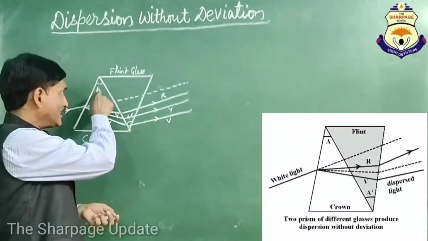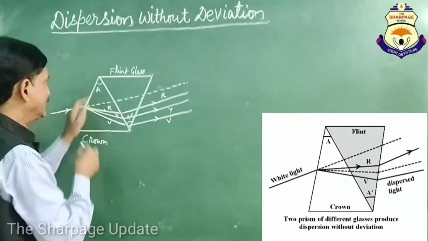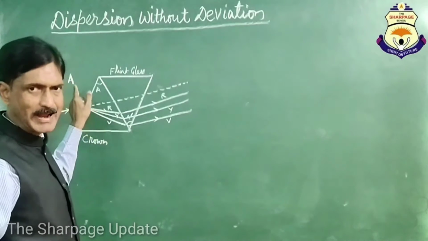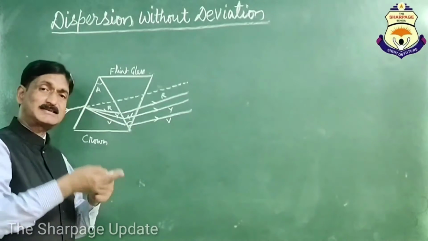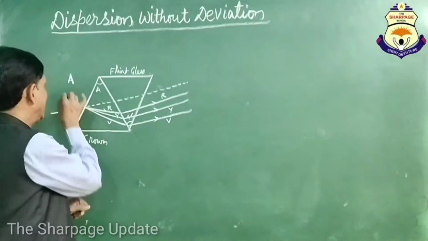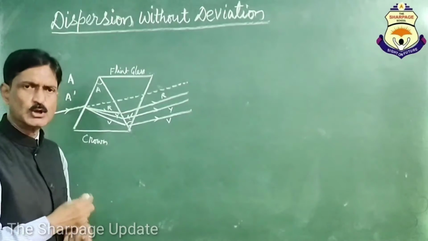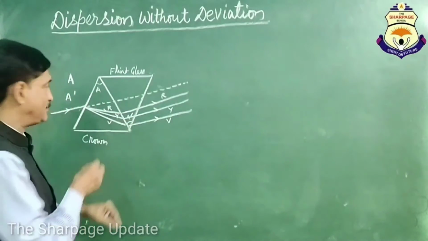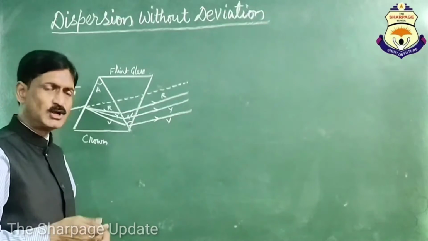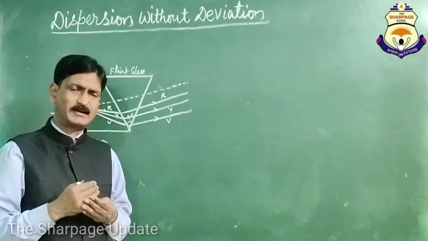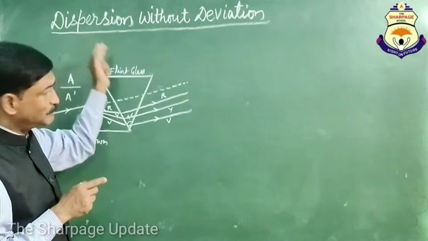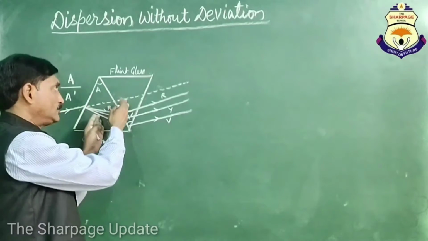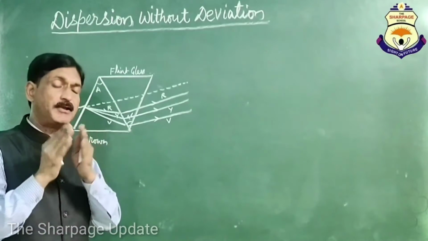Now, the angle of prism of the first prism is represented by A, and the angle of prism of the second prism, that is the flint glass prism, is represented by A dash. So the ratio of the angles of prism of both prisms, the value of A upon A dash, should be such that dispersion occurs, but the net deviation through the combination of these two prisms is 0.